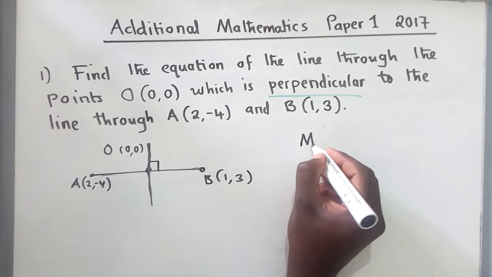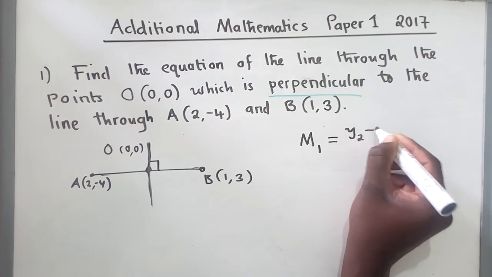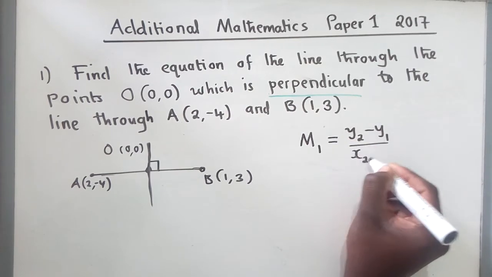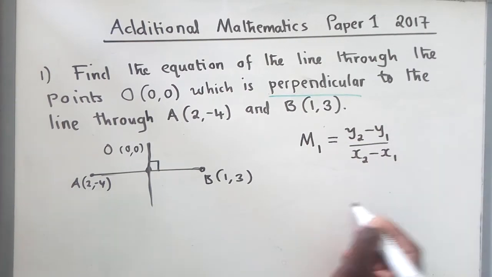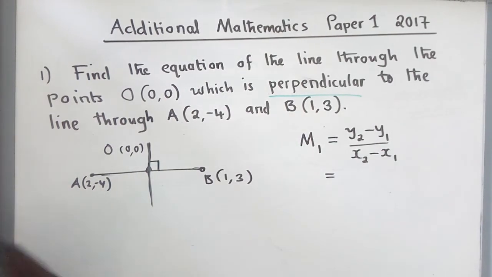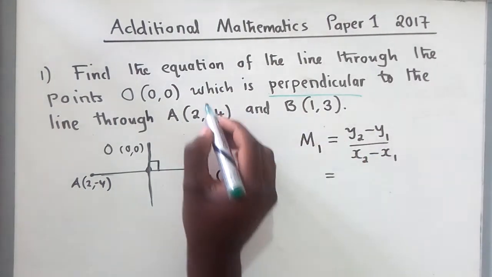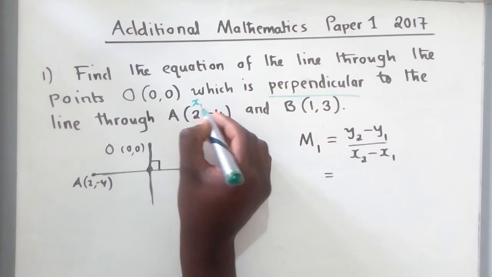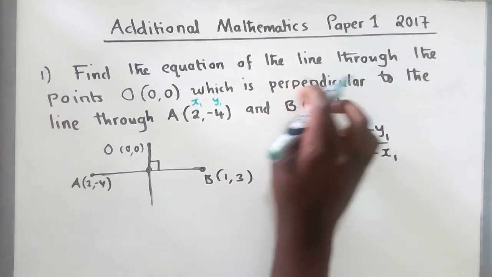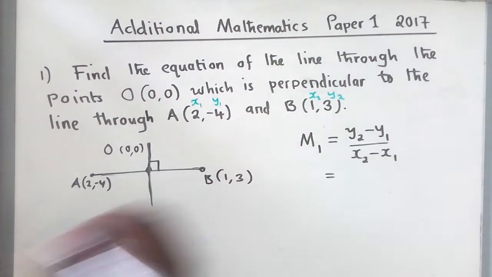So we call this gradient 1. This is the formula to use when you want to find your gradient. This is the formula we're supposed to use, between our coordinates. So this is x sub 1, y sub 1, and the other one here we'll call x sub 2 and y sub 2.